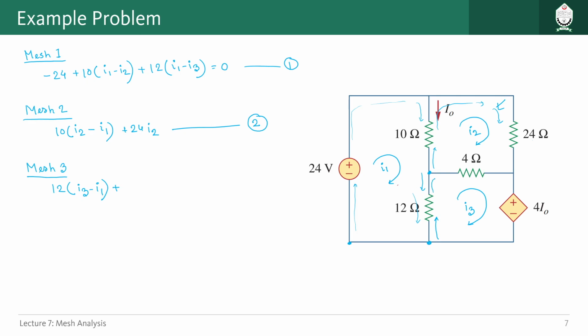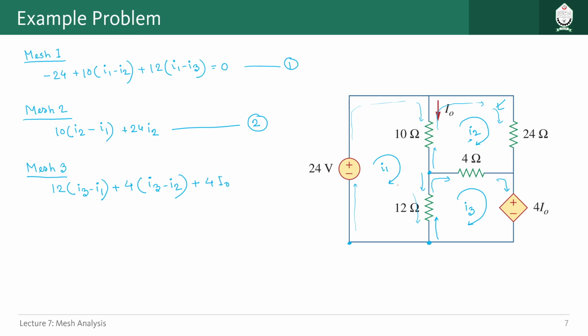Then we will go again in this direction. We have 4 ohm resistor. Here also in the same direction as our direction we have I3, but in the opposite direction we have I2, right? So we can write 4, which is the resistor, then the current going in the same direction minus the current going in the opposite direction.